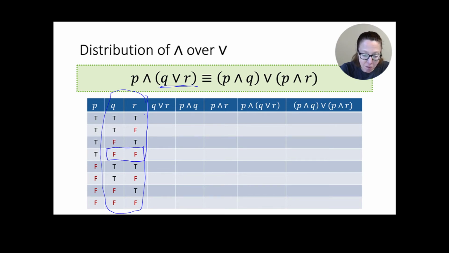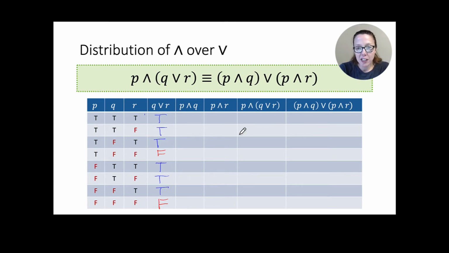And that is when they're both false, this value will be false. But the rest of the time, Q or R will be true. So I'll skip those rows, because those are the only 2 times that this is false. And so to make sure we can see that, we'll just fill that out in red. Those are the times where we have a value of Q or R that is false.